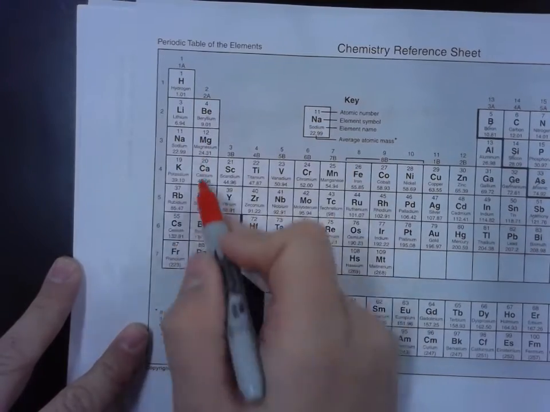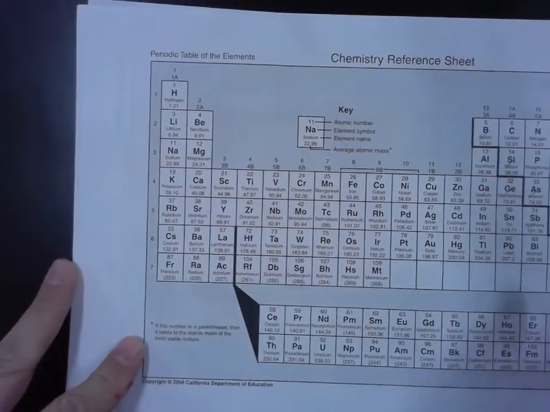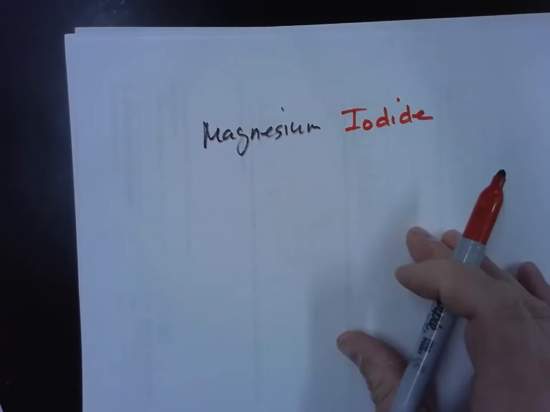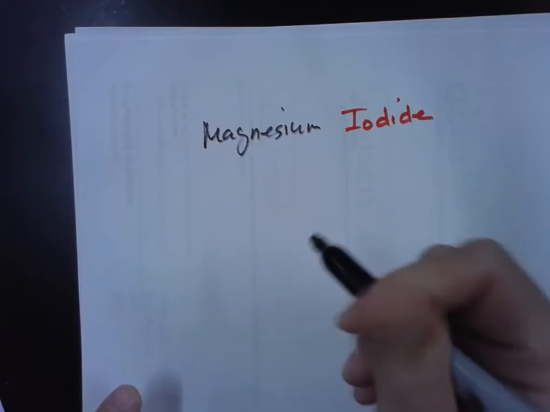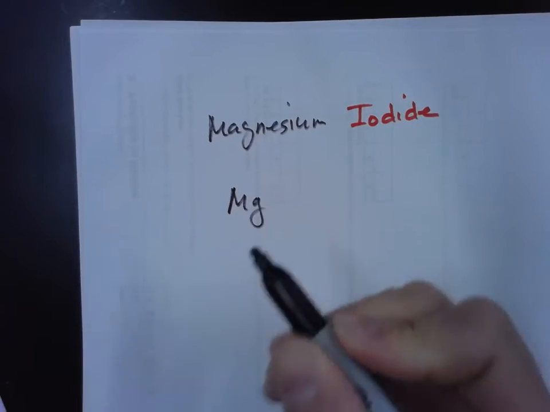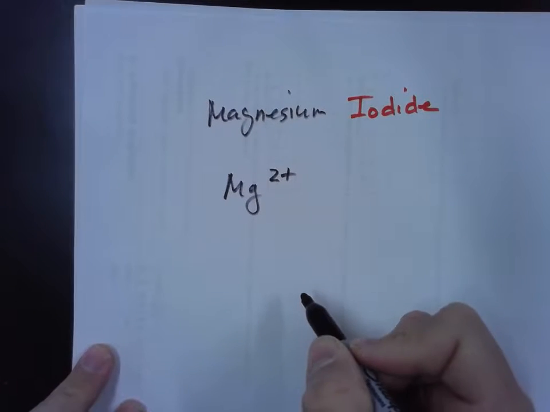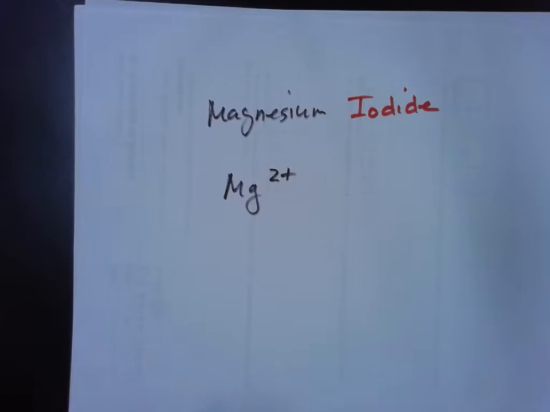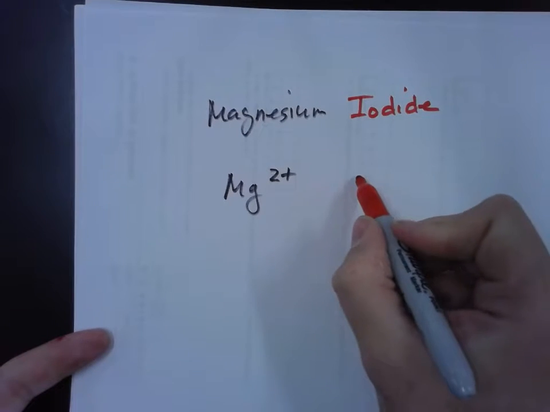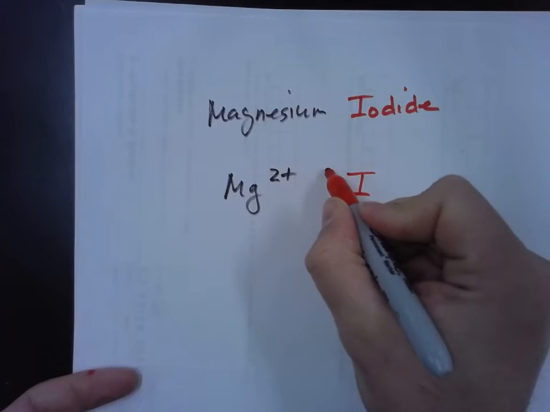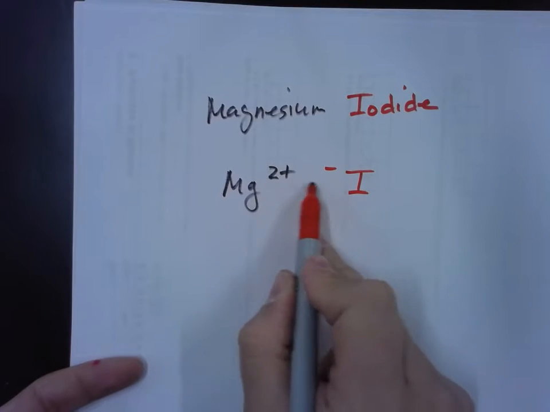Everything in this row will lose 2 electrons. So the charge for Mg would actually look like this: because it loses 2 electrons, it's going to have a +2 charge. And iodine, because it gains 1 electron, has a -1 charge.